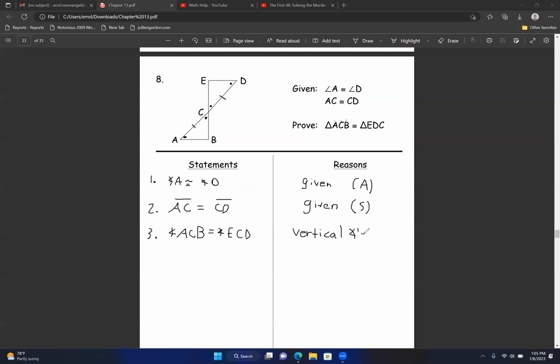So what we have is ASA, right? So number four, we'll just say triangle ACB is congruent to triangle EDC by what? Angle, side, angle. Okay. So it has to be one of these ones right here, right?